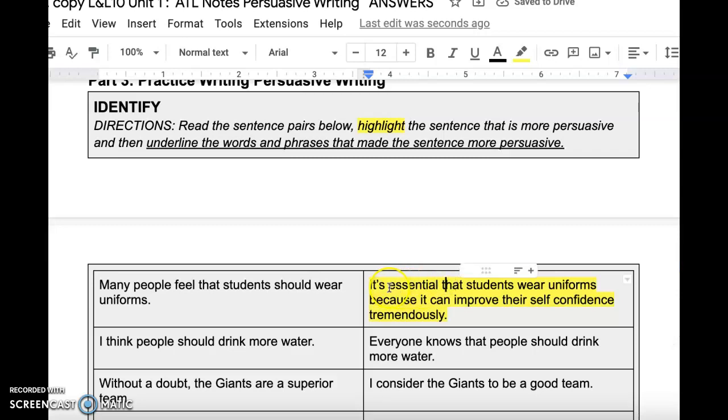I think this power word essential is important, and it's backing it up with details, with facts, hopefully, and the word tremendously. That's all some persuasive language that's making me feel that this one is the more persuasive one.